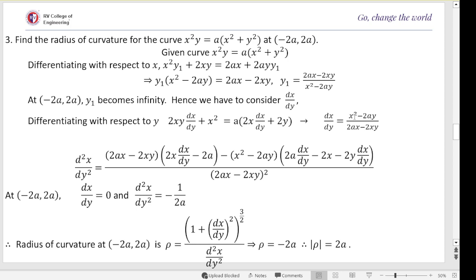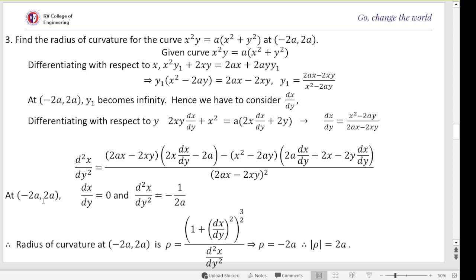Numerator derivative with respect to y is 2x into dx by dy minus 2a, minus numerator into x square minus 2ay, into denominator derivative, 2a into dx by dy minus, here again x into y, a product of two functions. So minus 2 times xy derivative: 1 into y plus x into dx by dy.